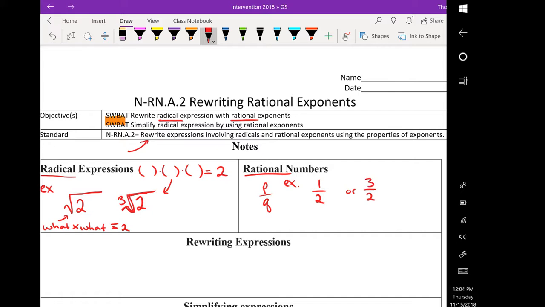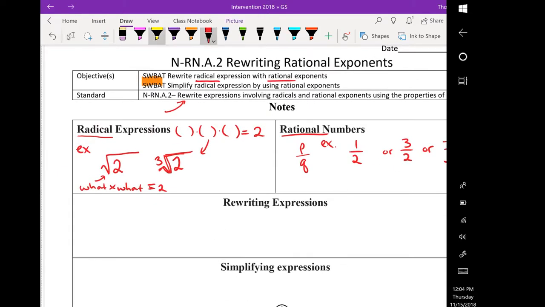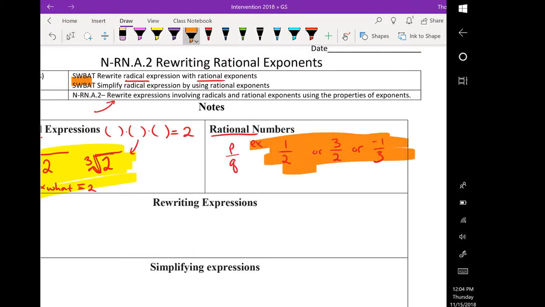Those are both rational numbers because we can write them as some integer, like 1, 2, 3, 4, 5, 6, over another one. They can also be negative, like negative 1 over 3 is a rational number. So today we're going to be able to rewrite radical expressions, these things on the left, by writing rational numbers as their exponents, those things on the right.